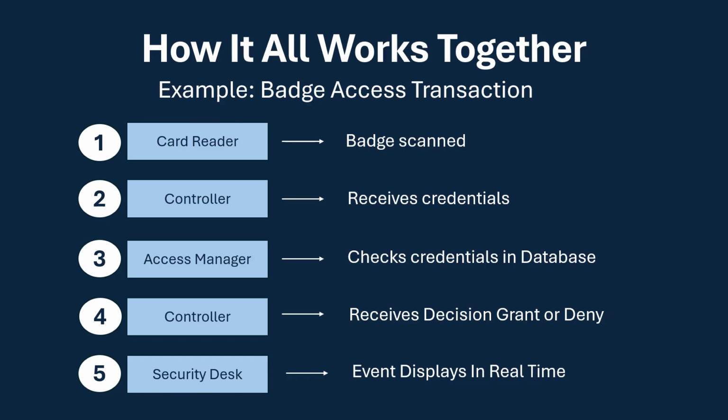It checks the access level, verifies the schedule, and confirms the person is allowed through this door at this time. Access Manager sends a grant or deny command back to the controller. So the controller unlocks the door or displays access denied, and this takes maybe 200 milliseconds.